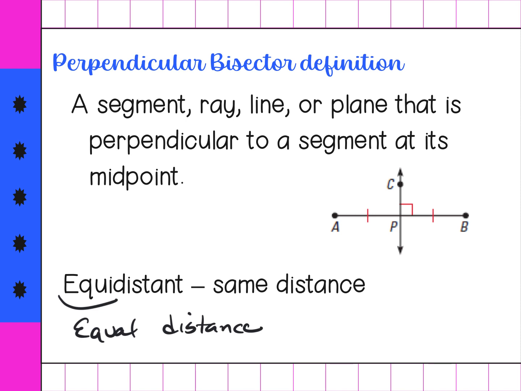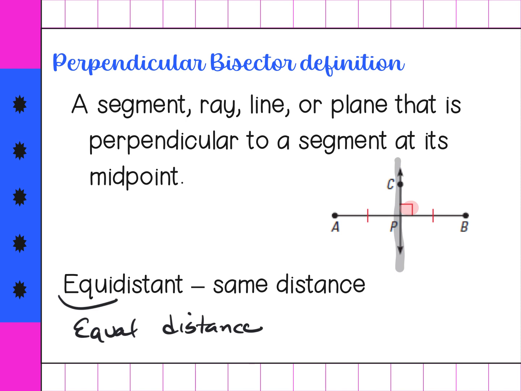This picture is showing us that CP is the perpendicular bisector of segment AB. I can tell that it's perpendicular because it has the right angle.